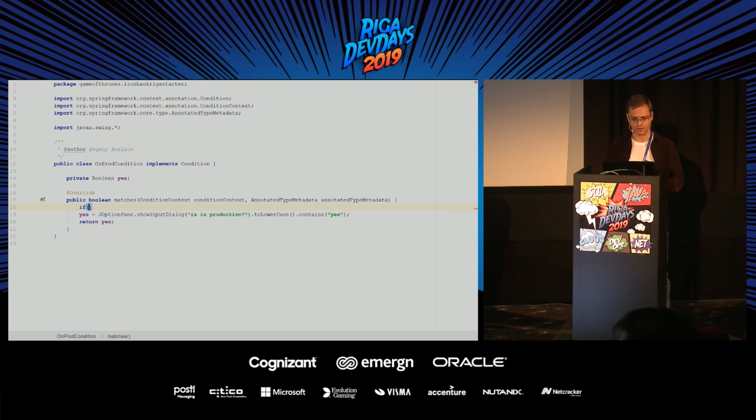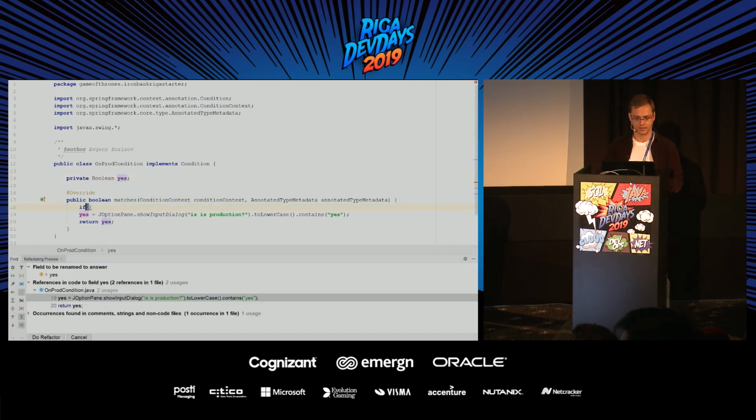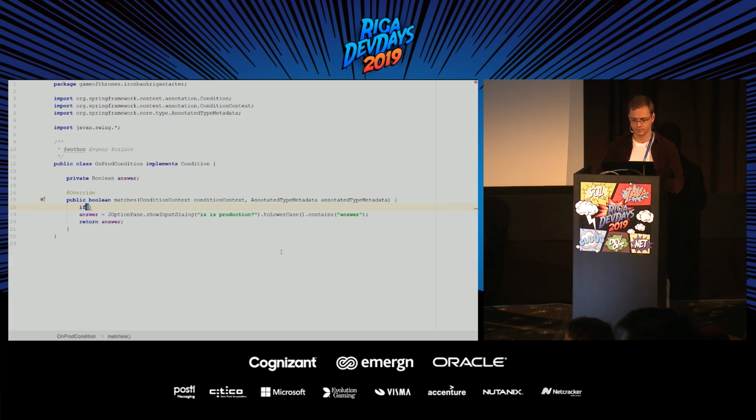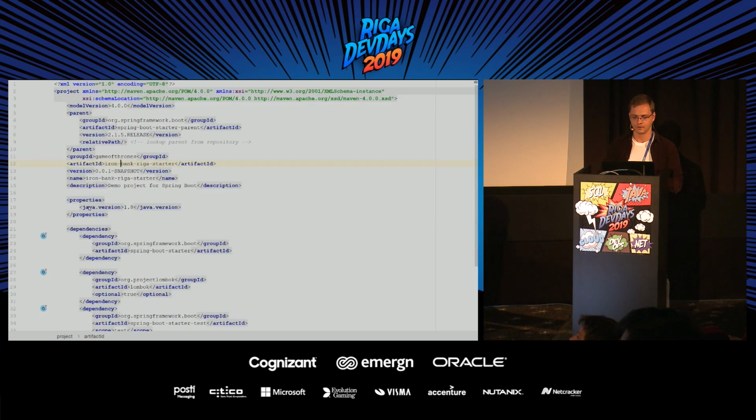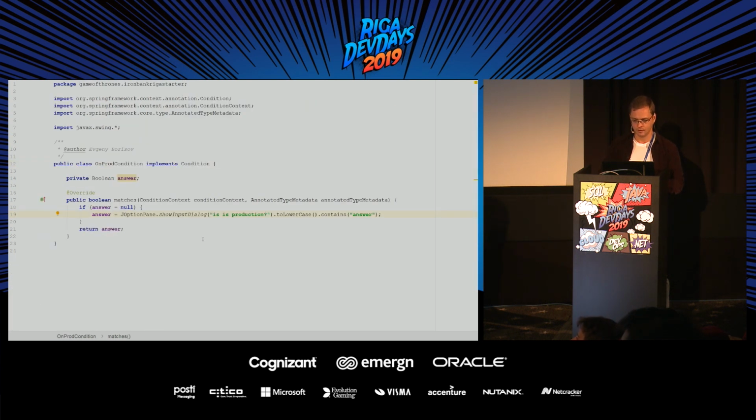If it's not yes, why? It's yes, it's the answer. Okay, if I said answer, did it change something else? Okay, if answer is null, it means we should read it. Otherwise, we don't need to read it. And if I build the starter, what?